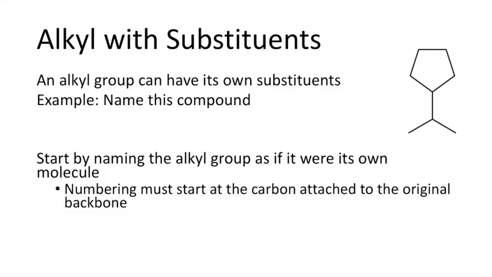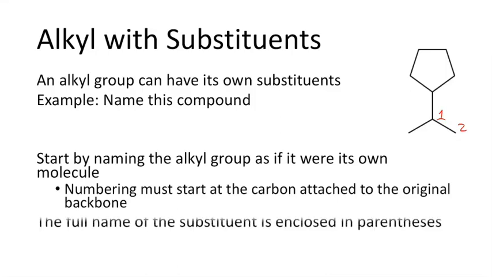So this is not a propyl, even though it's 3 carbons. It's actually an ethyl because the numbering has to start at the original backbone. So the backbone of the substituent is actually 2. So it's an ethyl. And then the ethyl has a methyl coming off of it.